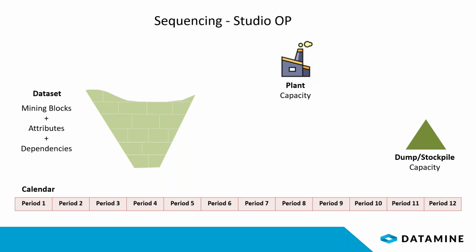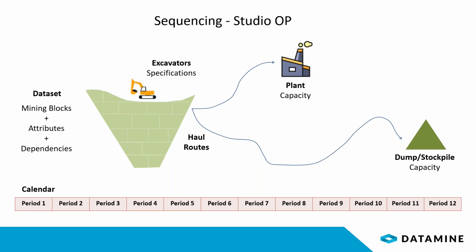For example, a processing plant certainly has a certain capacity. Usually its efficiency varies depending on ore grade or contaminant grade. Also, the stockpile and the waste dump certainly have a limited capacity, etc. The best sequence also depends on the whole road network that transports material from the pit to the destinations. It also depends on the equipment that you're going to use to load and transport material to these destinations.